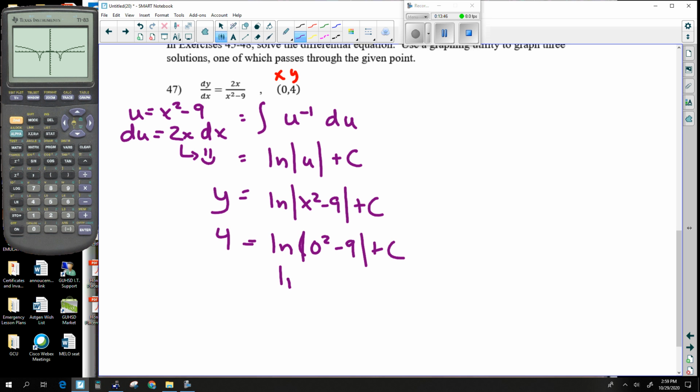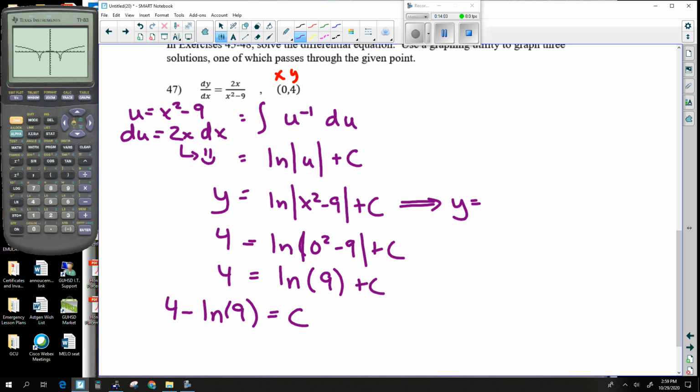So this is going to be the ln of 9 because it's the absolute value. And so, yes, this is exactly what I had. There it is. It is correct on the answer key. Oh, okay, so this is the solution.